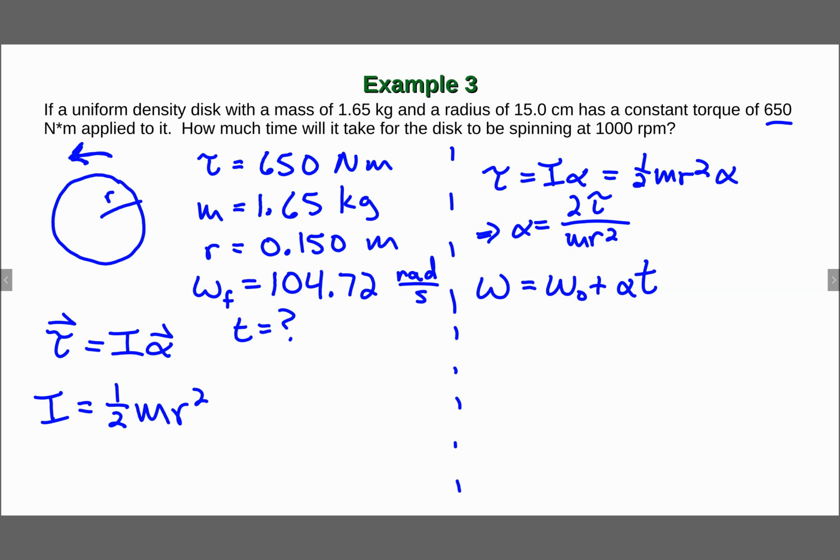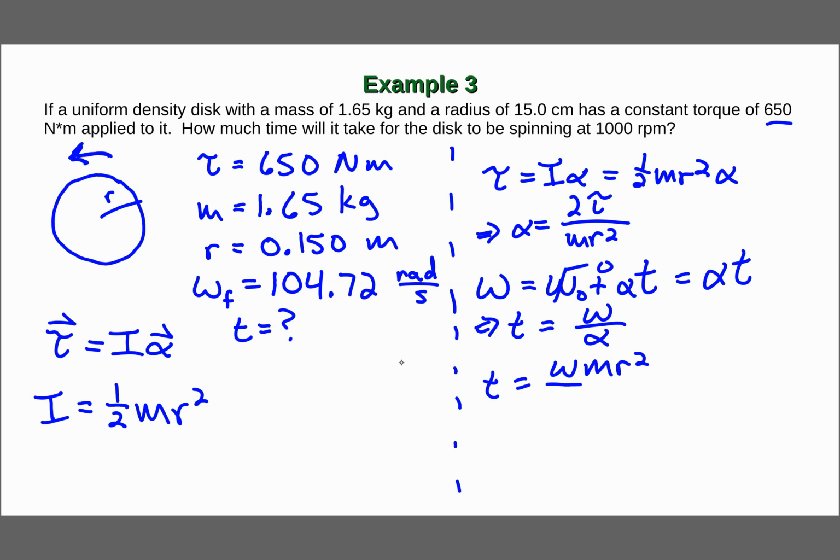That's that v equals v naught plus at, but now I've just replaced everything with its kind of angular analog, right? Omega naught is 0, and so what we end up with is omega equals alpha t, okay? And therefore, t equals omega over alpha. And that means that t equals omega m r squared over 2 tau.